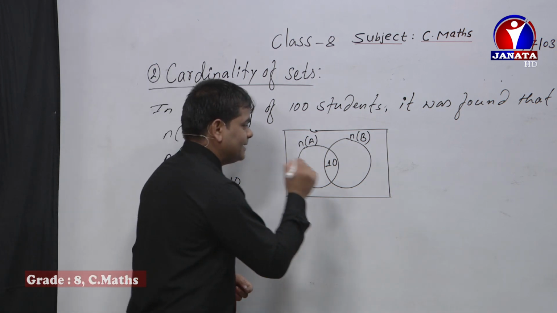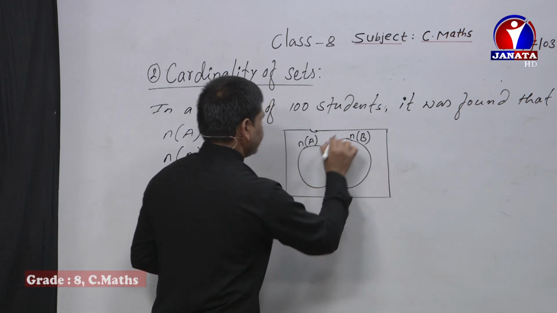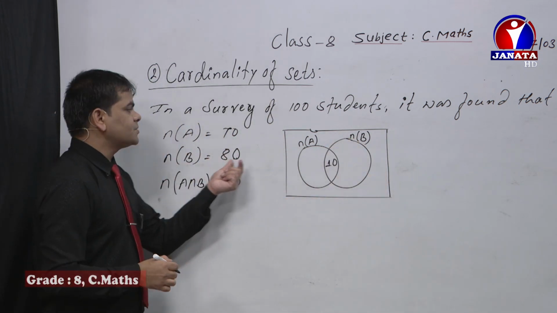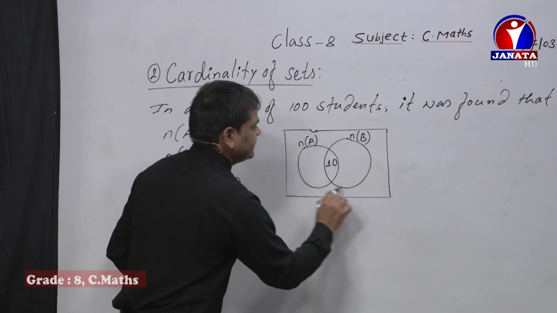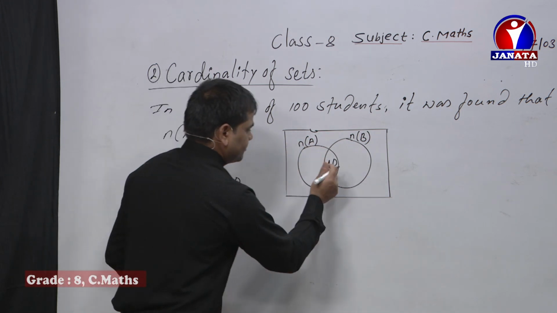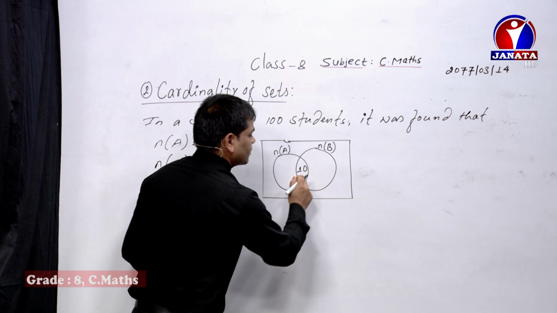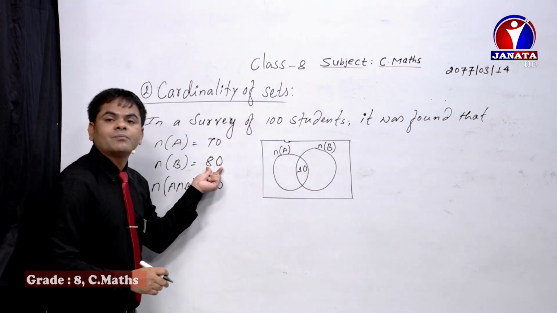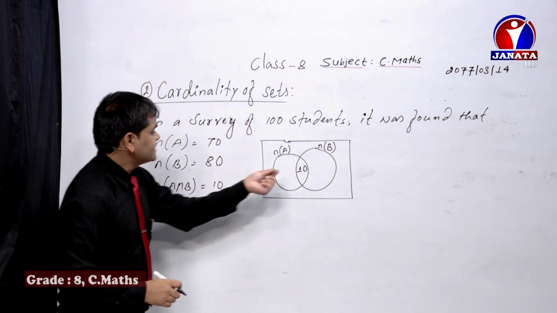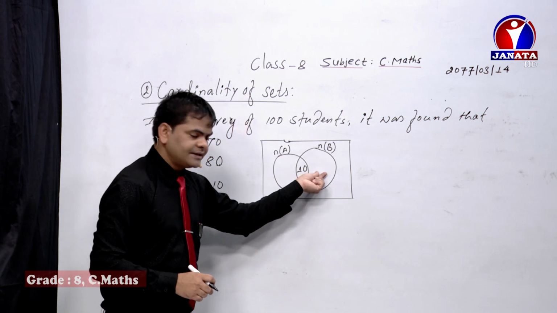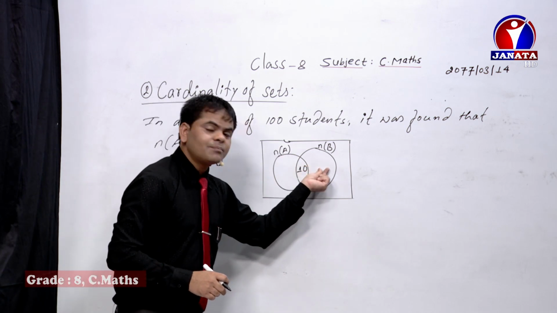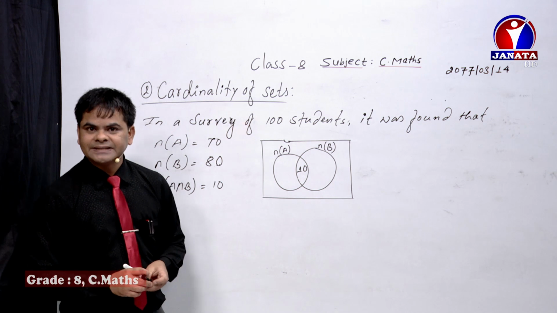Only means, altogether, what we have to remember is altogether in circle B. In circle B, these two places combined must be 80, as 10 is already included in here. Now, in the place of this, how much should be included?